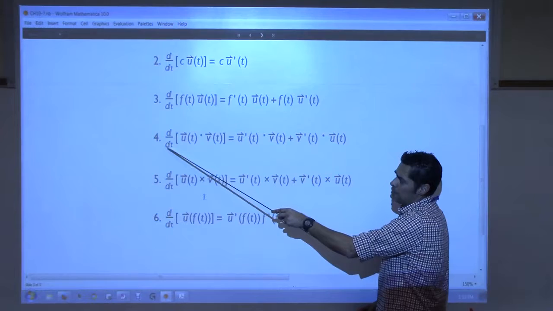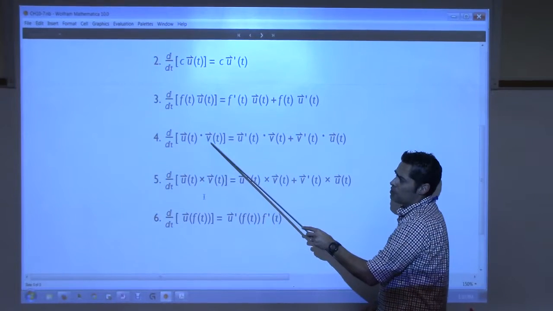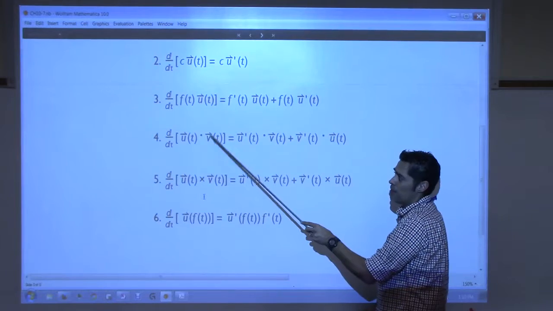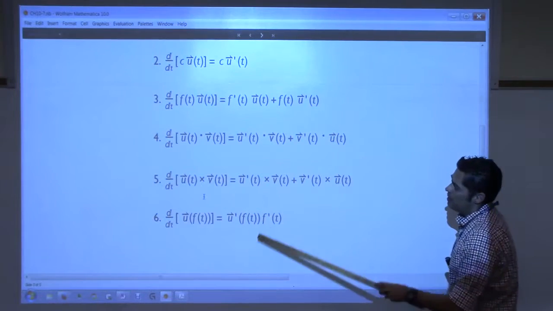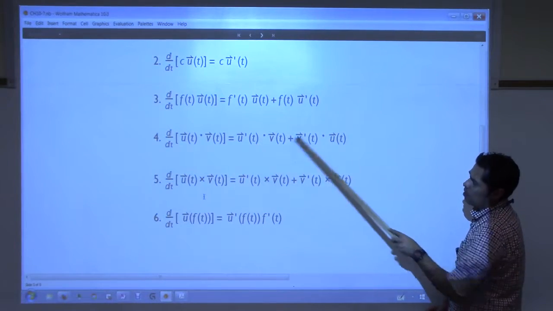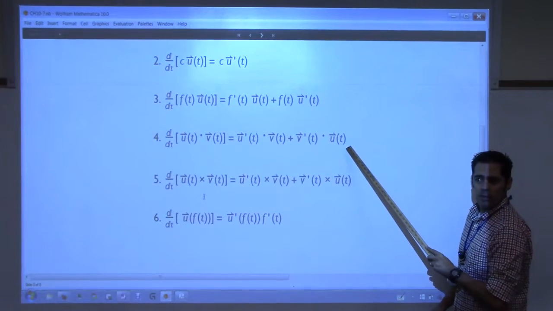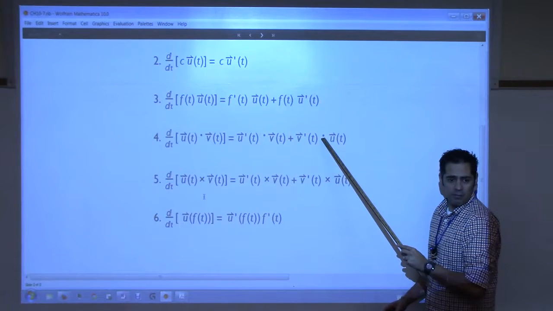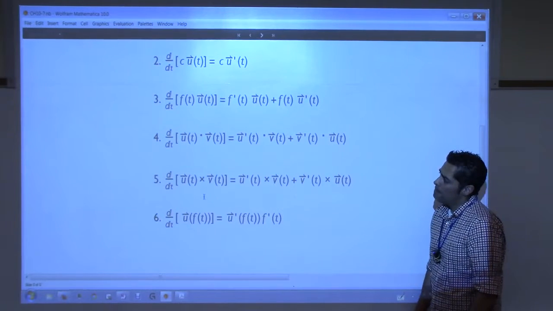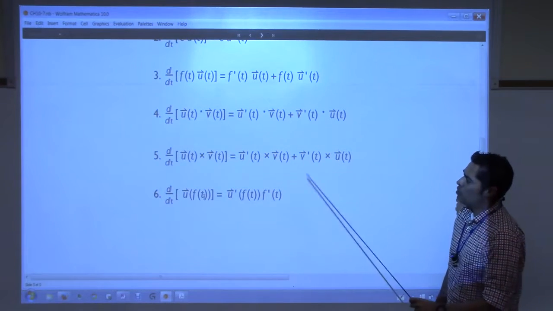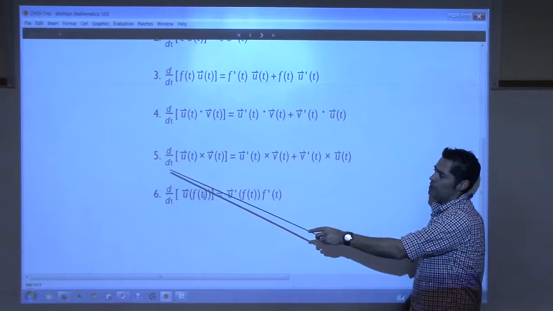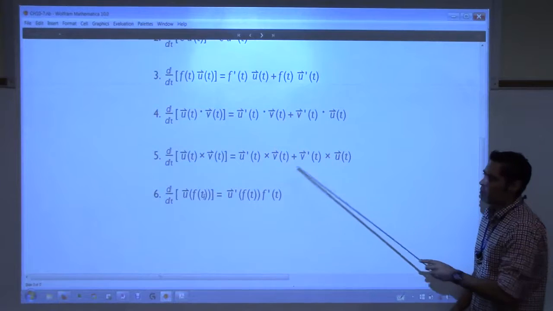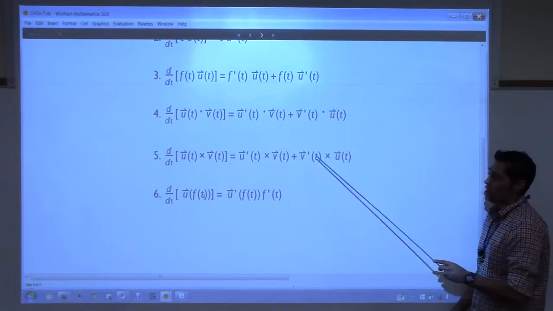I'm about to use this property here in just a second. This one. If you take the derivative of 2 vector functions dot product, so if you dot 2 vector functions together and take the derivative, then you get product rule again, isn't it? But instead of multiplication, these are what? Dots. And we have the same exact thing for cross products. If you would want to take the derivative of the cross product of 2 functions, then it's basically the product rule, but we're replacing product with cross product.